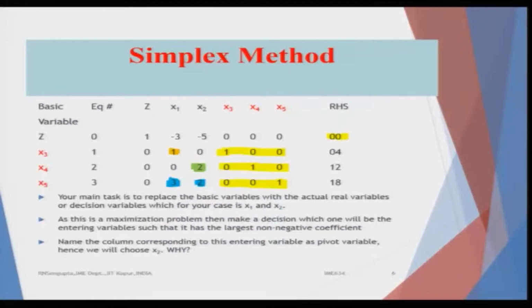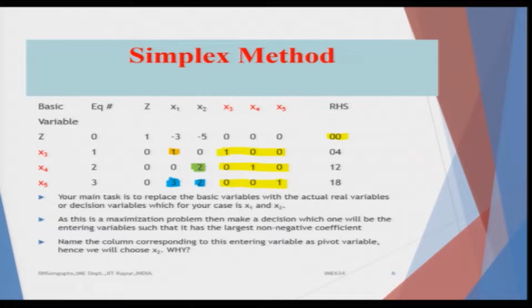Now, you name the column corresponding to this entering variable as the pivot column. There would be an entering variable and an existing variable, and the common element to this column and the row would be the pivot element based on which you will do the calculation.